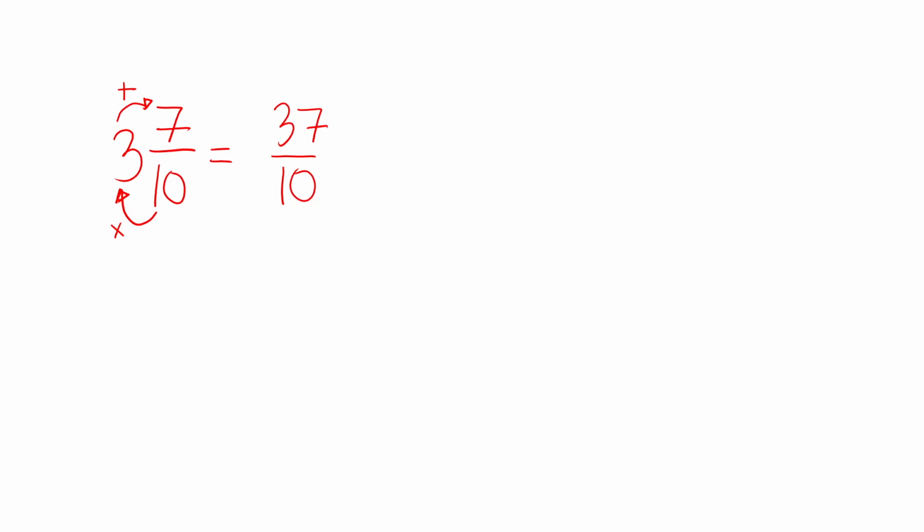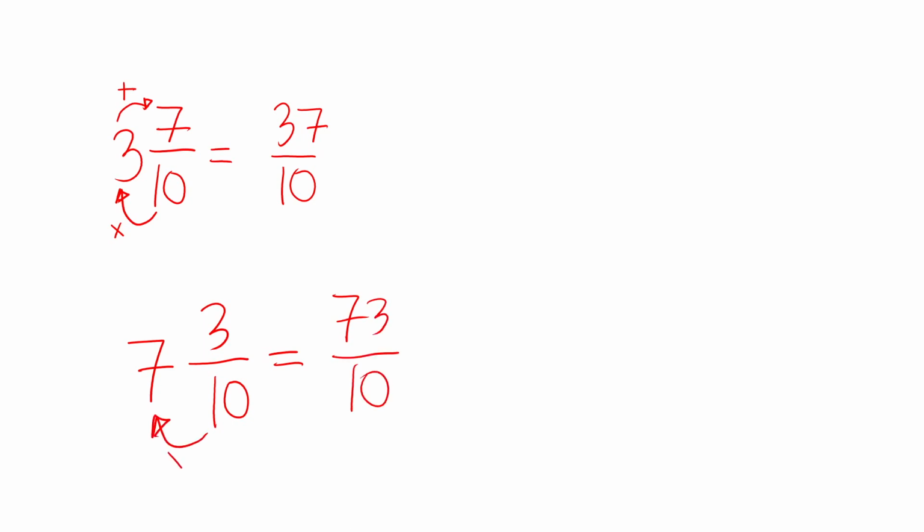Now let's continue. Another example. 7 and 3 over 10. 73 over 10. Very simple. You multiply, then you add. Is the conversion clear? So, naapod ni sa inyong exam next week and naapod ni sa inyong activity later.